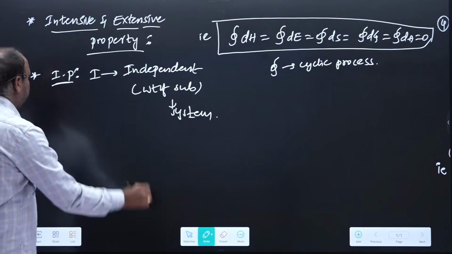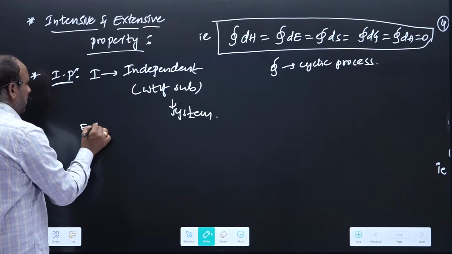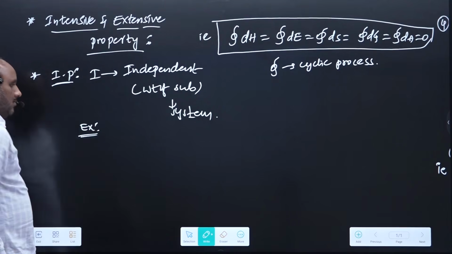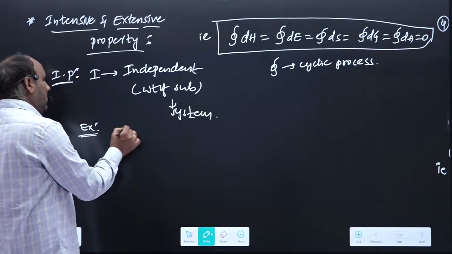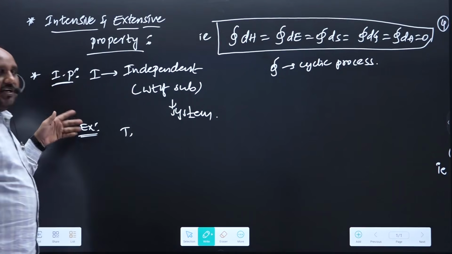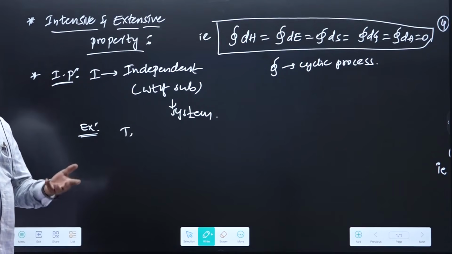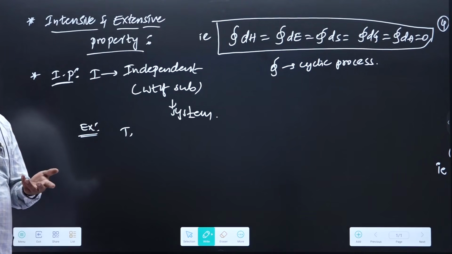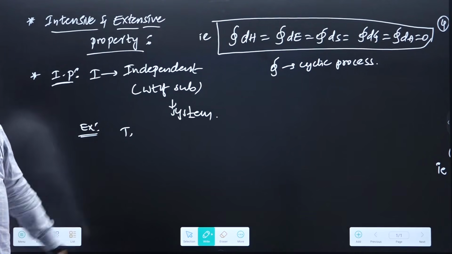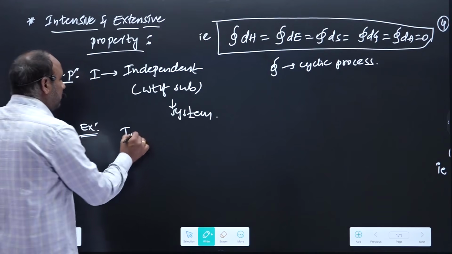Alright, tell me the examples. Examples of intensive property. Any property that is applicable to the system and also independent of weight, right? Temperature is good. Temperature, for example, 27 degrees centigrade. Does it have any amount of weight? No. Then pressure.